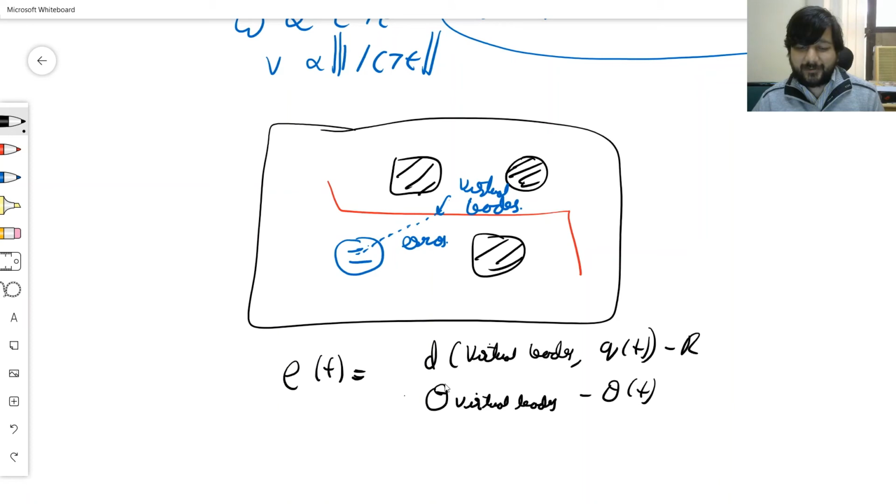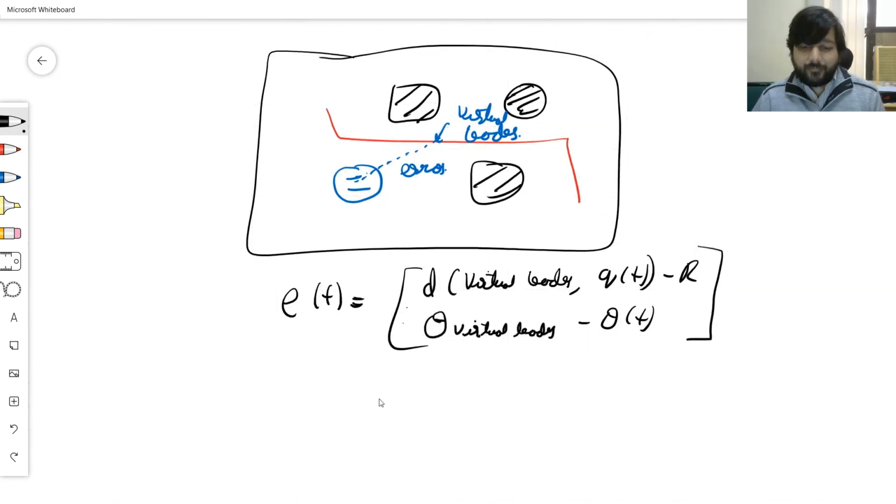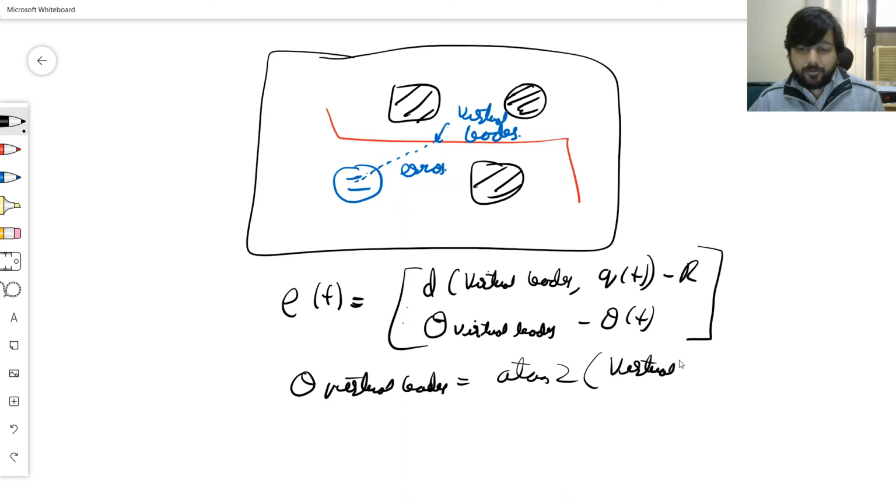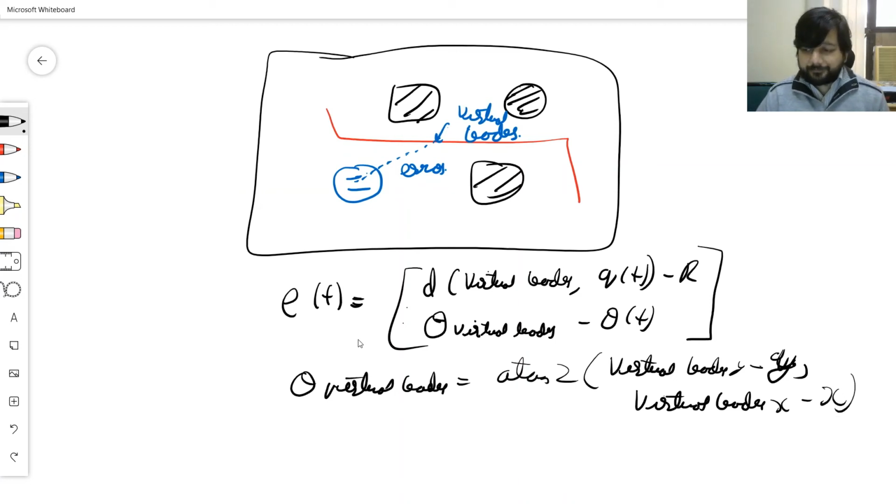It's always atan2 of sine of this and cos of this, so I don't write it down always. Theta virtual leader is atan2 of virtual leader y minus my y, comma, virtual leader x minus my current x, which looks interesting.